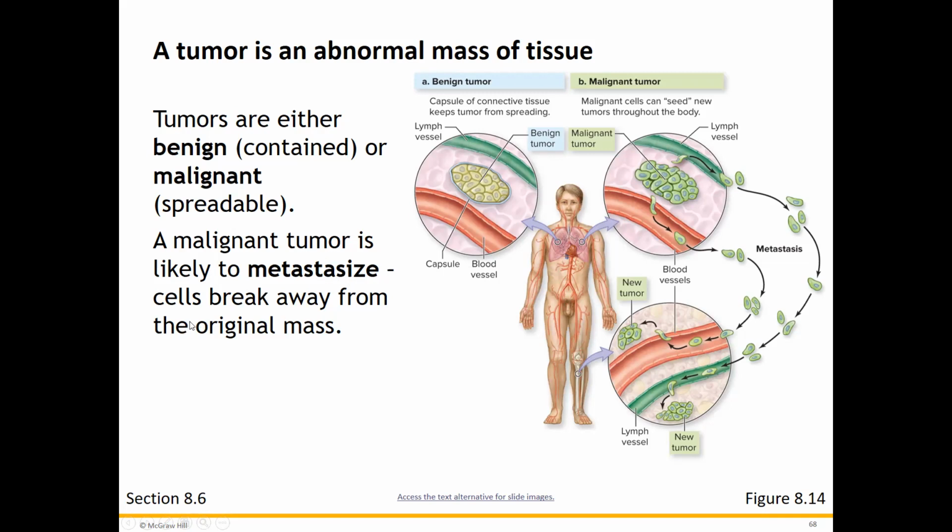And that simply means that cells are going to break away from the original mass, as they're doing in this picture. There is no capsule to contain it. And so they break off, and they either jump in a lymph vessel or a blood vessel. They can go either way. And once they're on the subway, they can go anywhere. So jump from the lung, and then they're showing you it went down here into the bone.